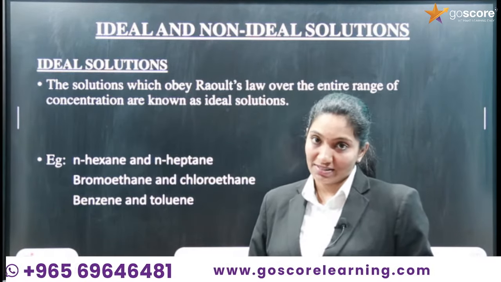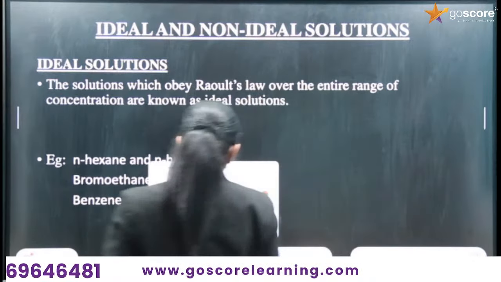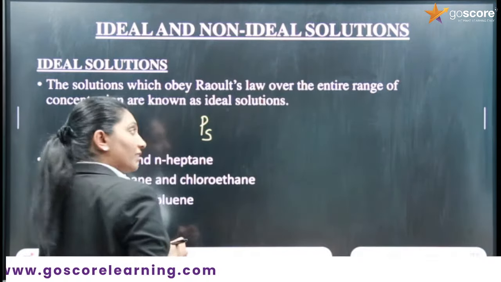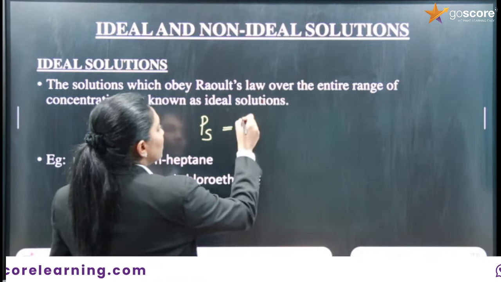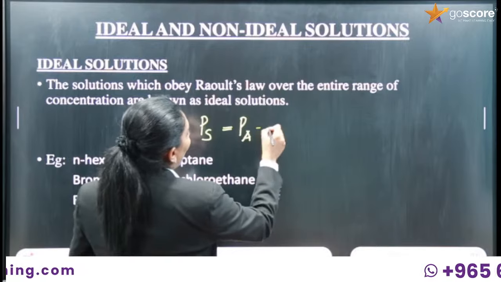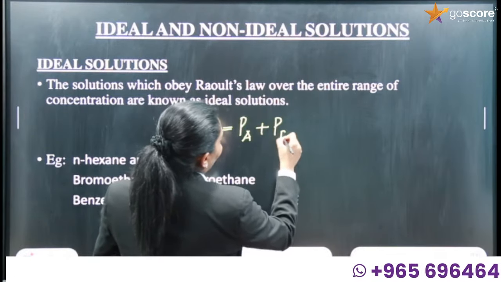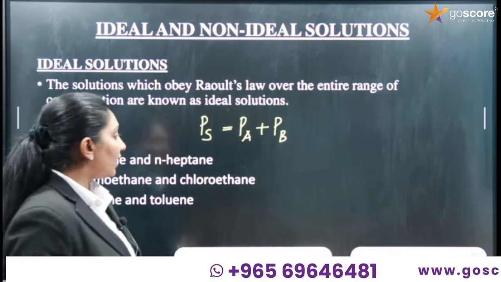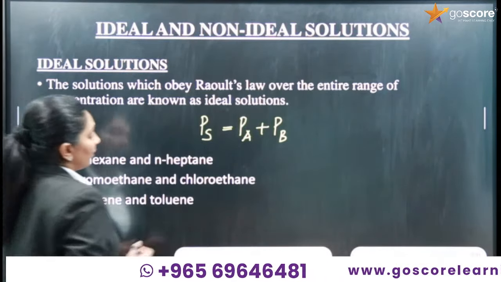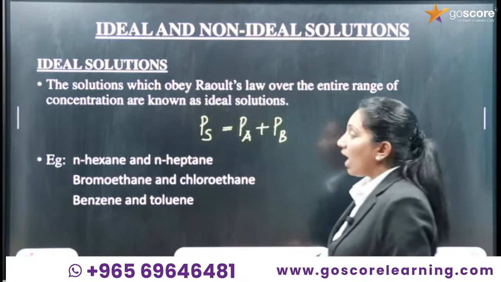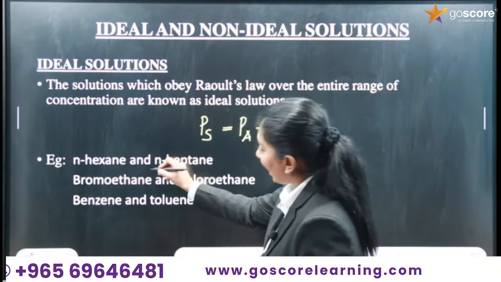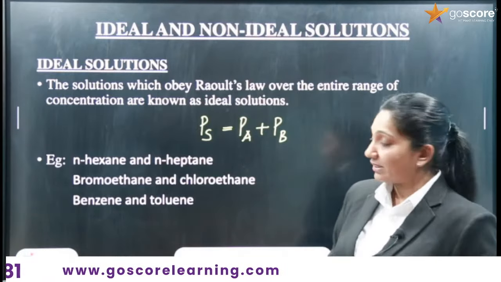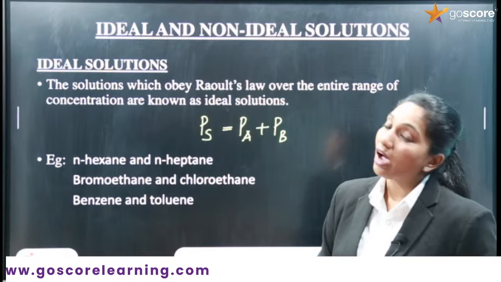Okay. So for an ideal solution, the total vapor pressure of the solution is equal to the sum of the vapor pressure of component A plus the vapor pressure of component B. Here I have given some examples of ideal solutions: n-hexane and n-heptane, bromoethane and chloroethane, benzene and toluene are a few examples.